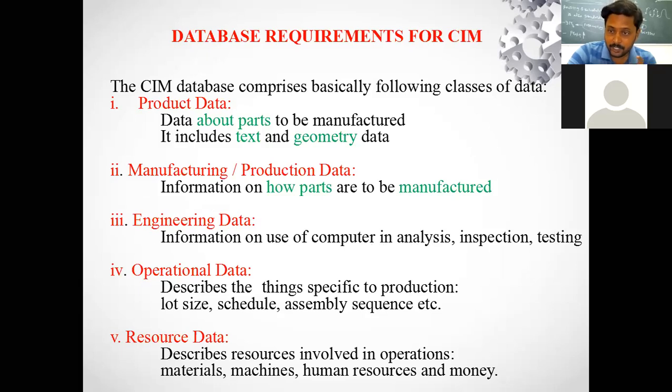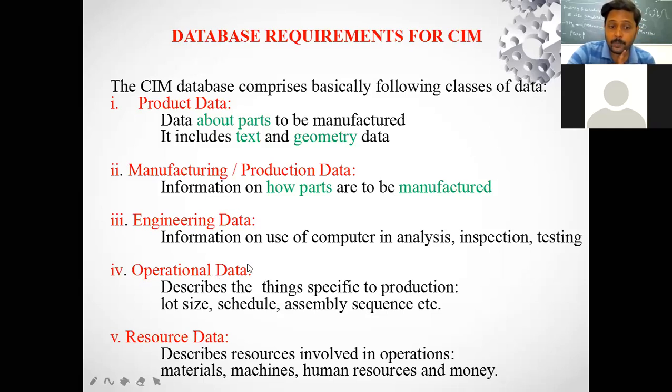So basically engineering means you are going to analyze the data, inspect the product, and test the product, and whatever data is collected by analysis, inspection and testing is to be stored somewhere in the database, and that database will be called engineering data. Some sort of quantitative data will be available there.